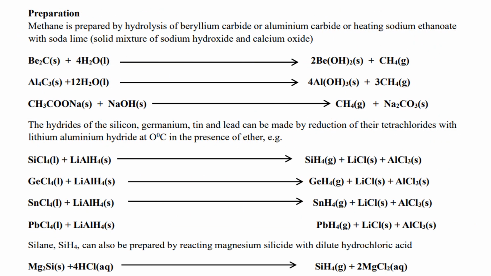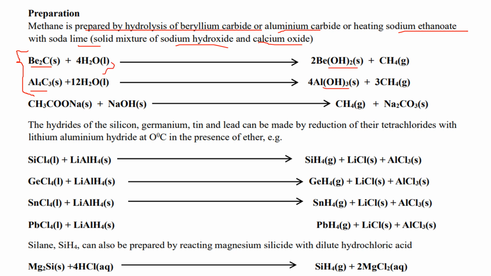Now looking at the preparations of such hydrides, methane is prepared by hydrolysis of beryllium carbide or aluminium carbide, or heating sodium ethanoate with soda lime. Remember that in organic chemistry, soda lime is a mixture of sodium hydroxide together with calcium oxide, but both of them must be solids. I'm well aware that you looked at beryllium carbide and aluminium carbide under diagonal relationships. They hydrolyze in water to give us hydroxides.